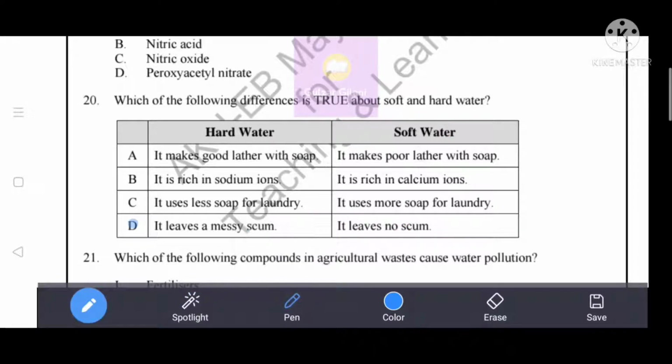That's why option D, which shows the correct differences, is correct. That is, hard water leaves a messy scum. Means D is the correct answer.